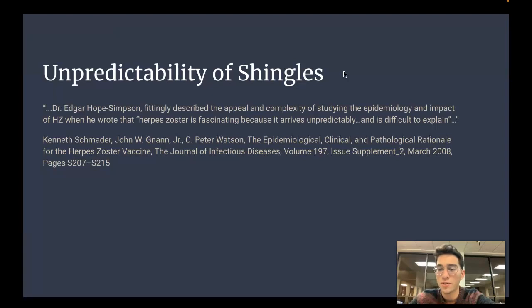For chickenpox, there's actually a season in the year when people more commonly develop it. For shingles, that doesn't happen. It can be any time of the year, which just adds to this unpredictability.